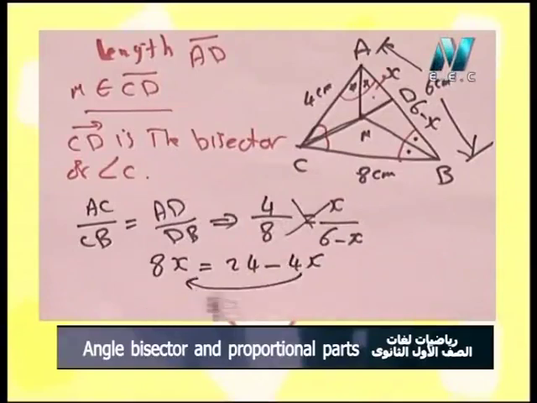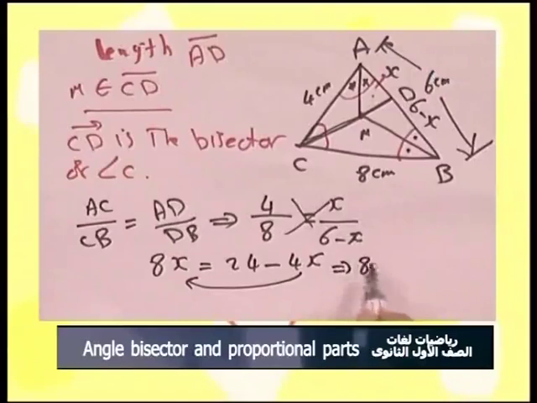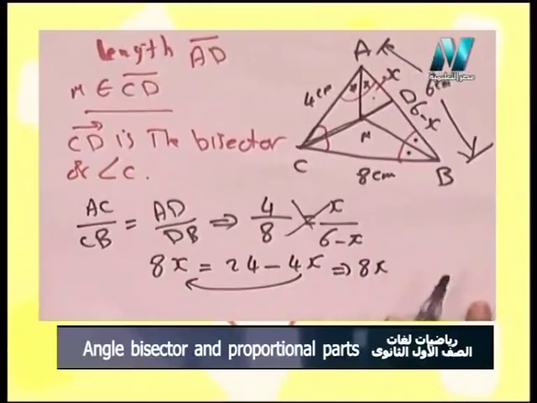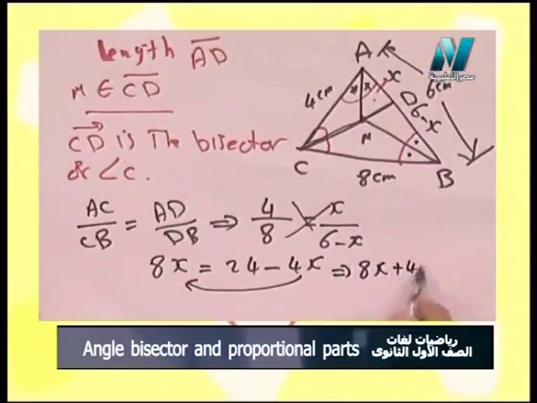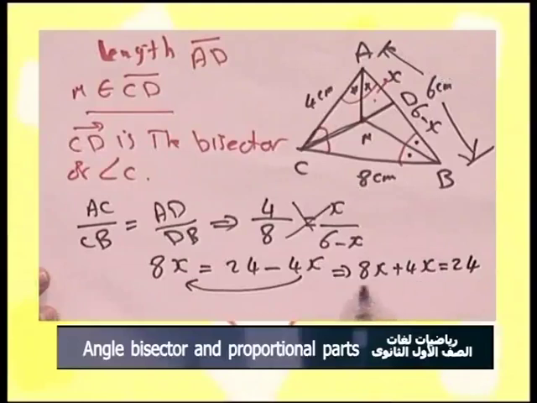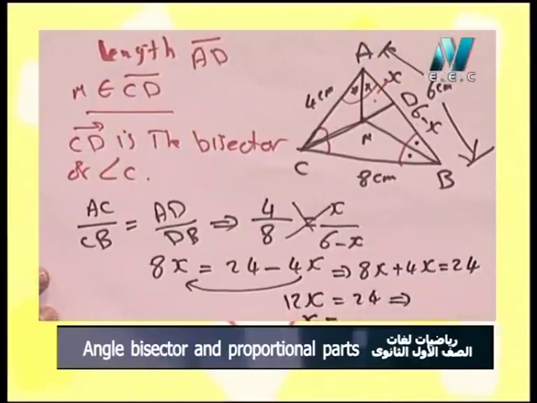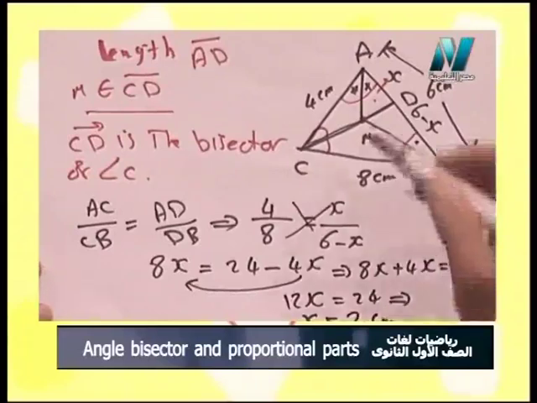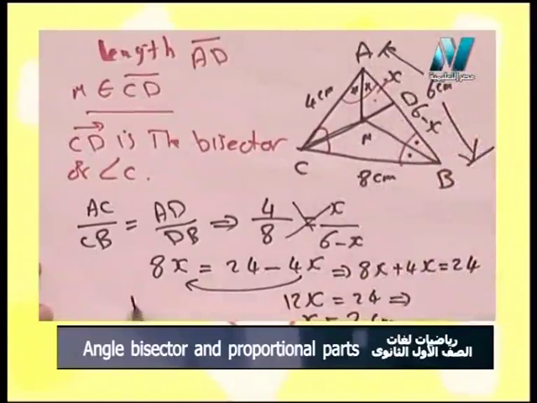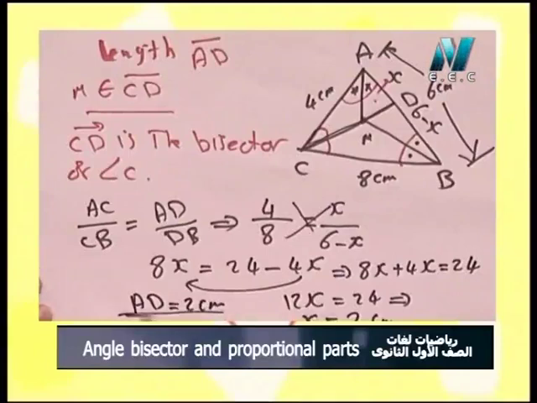We have here 8X plus 4X equals 24, and we can add 8X to 4X equals 12X equals 24, so X equals 2 centimeters, of course. X equals 2, that means that AD equals 2 centimeters. Okay, and we have found the request here.